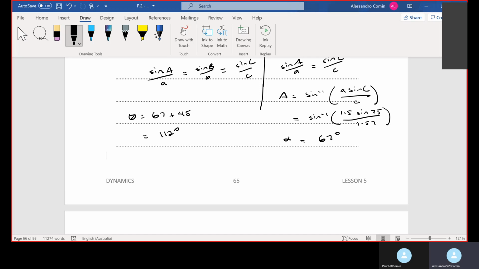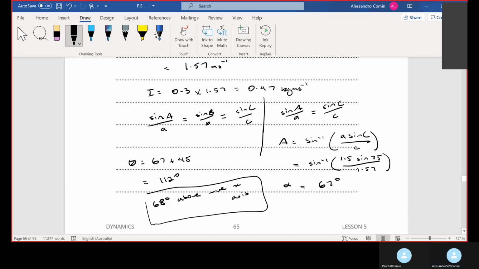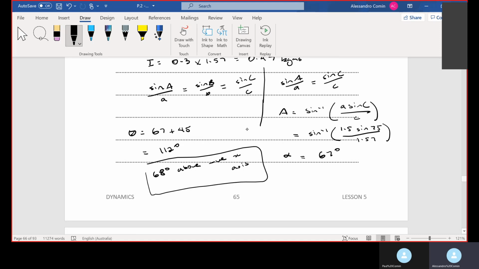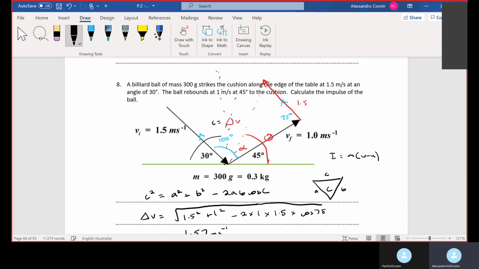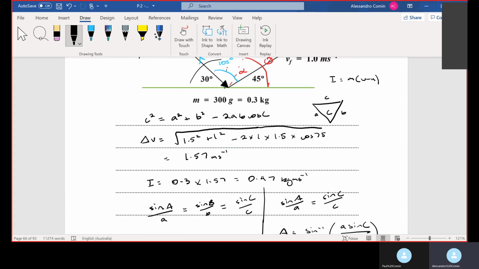So it's going to be 68 degrees above negative x-axis, and we are done. Because 112 plus 68 gives you 180. So it's just what 180 minus 112 will give you in this direction. So this is our answer.